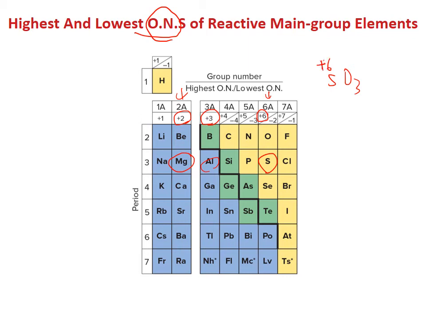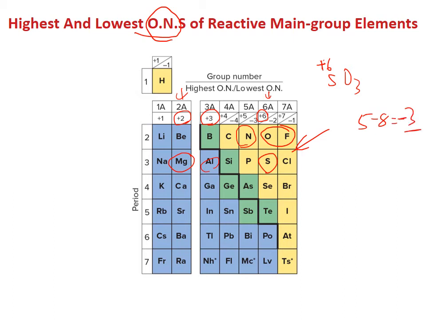Now, two exceptions: oxygen and fluorine. It is too difficult to lose 6 or 7 electrons in these two elements. Instead, for non-metals in general, the group number minus 8 is the lowest oxidation number. For example, nitrogen, group 5, so 5 - 8 is -3.